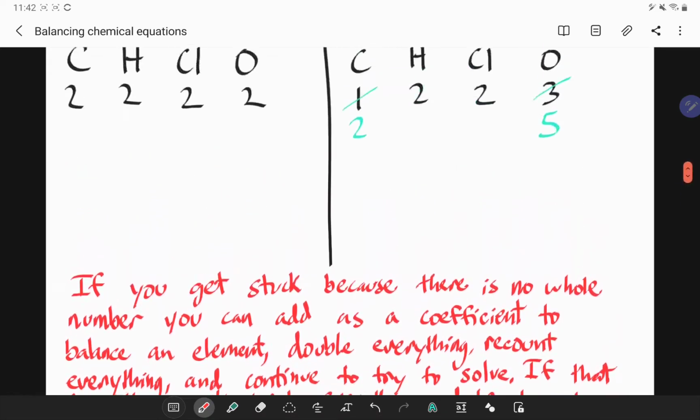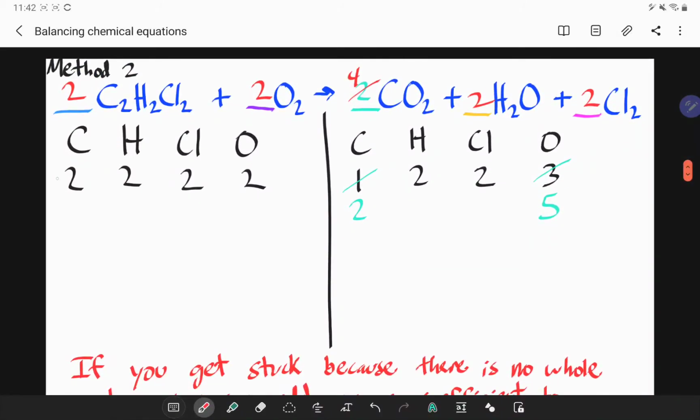Let's do that. Change this to 4, 4, 4, 4, 4, 4, and let's see, 4 times 2 is 8, plus 2 more is 10.